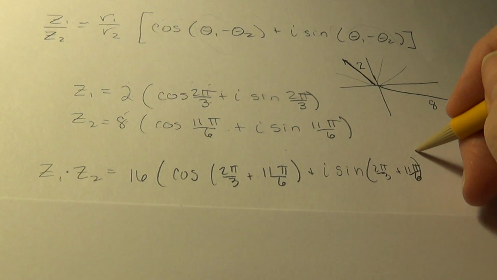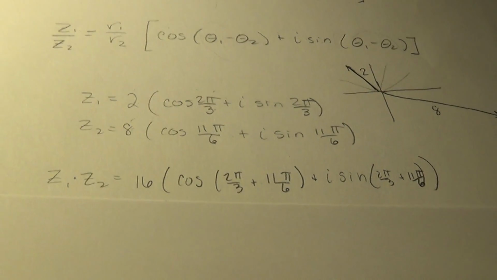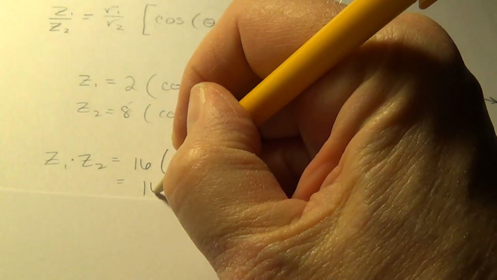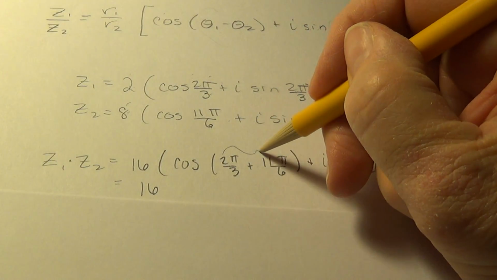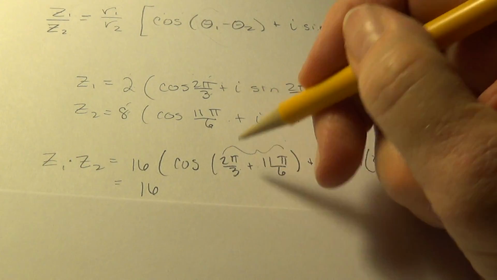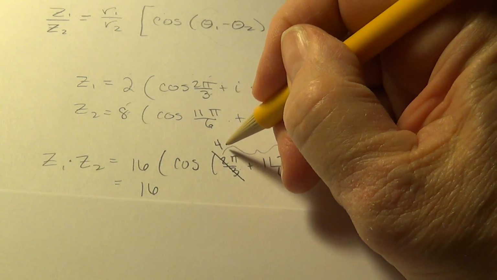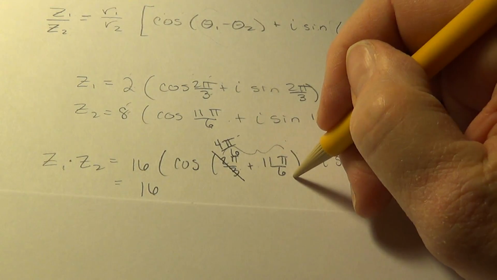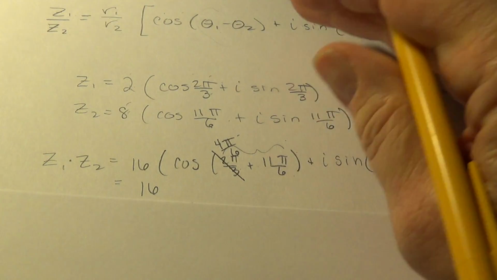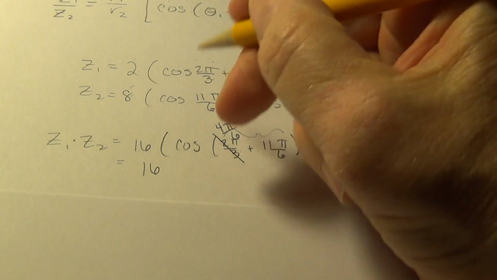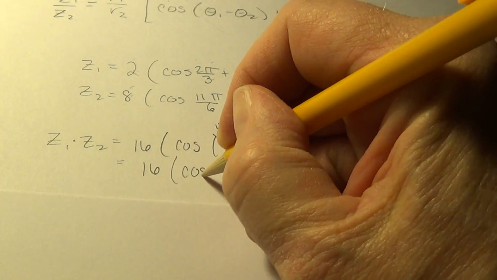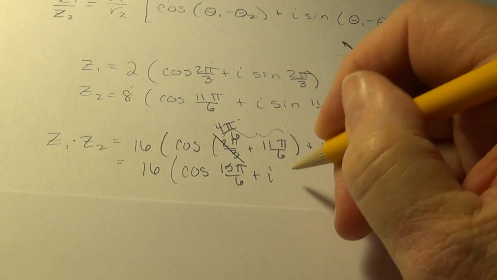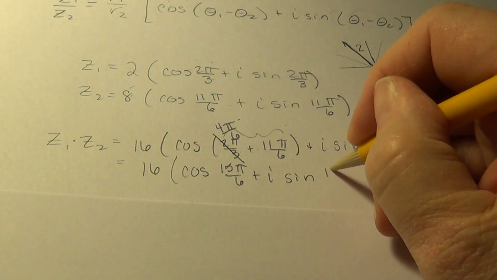Simplifying, we get the 16, and 2 pi over 3 is really 4 pi over 6. Combining 4 pi over 6 and 11 pi over 6, I get 15 pi over 6, and i sine of the same.